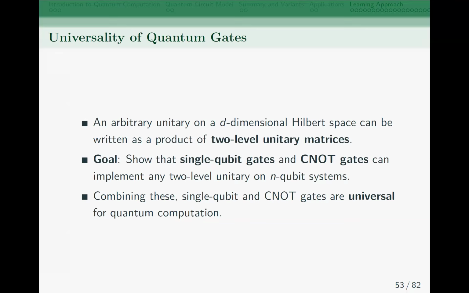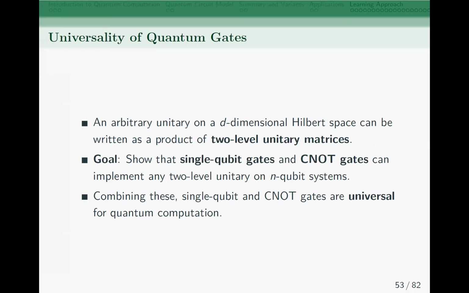So an arbitrary unitary on a d-dimensional Hilbert space is a product of two-level unitaries, which we just proved. The goal is to show that single qubit gates and CNOTs can implement any two-level unitary. Once we prove this, we prove that any unitary on a d-dimensional Hilbert space can be implemented using single qubit gates and CNOTs.